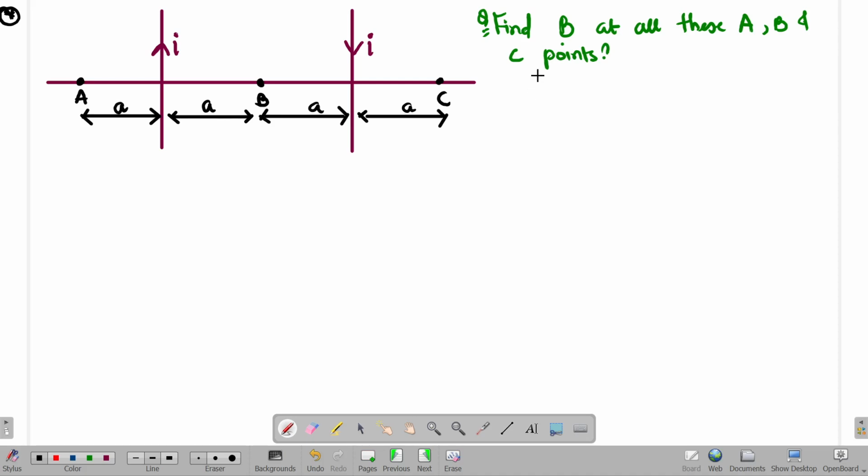Remember that, very long wires. Infinite length. That means alpha is equal to beta.